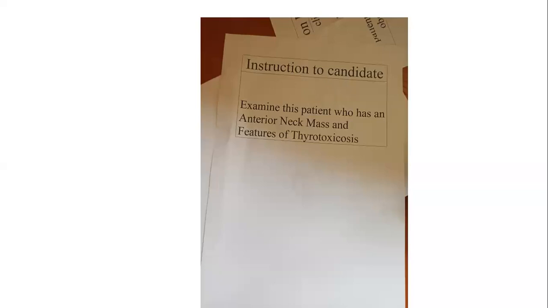Having done this, you could then proceed to the back of the patient. When you get to the back of the patient, you then palpate the gland. You place your two hands on the gland, your four fingers on the gland, your thumb on the occiput of the patient.